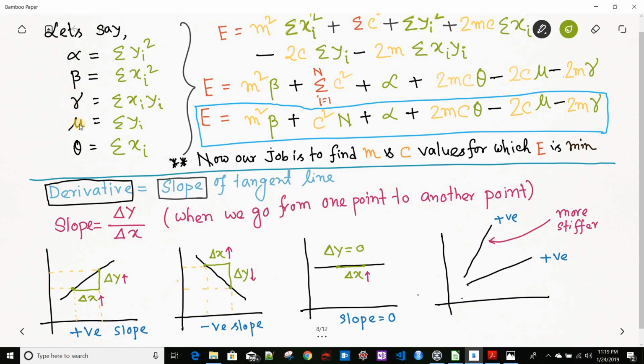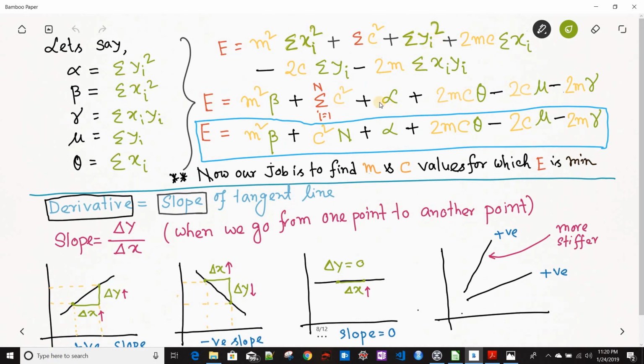So I have taken variables alpha, beta, gamma, mu and theta, and I just replace them in this equation. This is our initial E equation. After replacement it will be m square times beta, then the summation of c square, for which I have not given any variable, then the summation of y square becomes alpha, similarly for the rest. Now the summation of c square still exists.